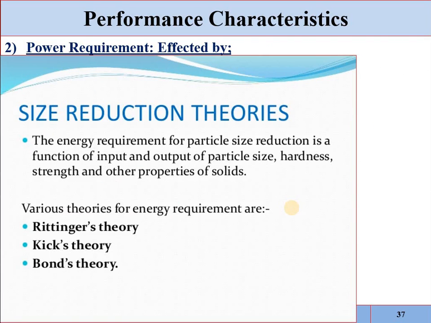Mostly the power requirement, or the energy requirement per particle size reduction, is a function of input and output particle size. The particle whose size you are reducing, suppose its size is d1, is reduced to d2.